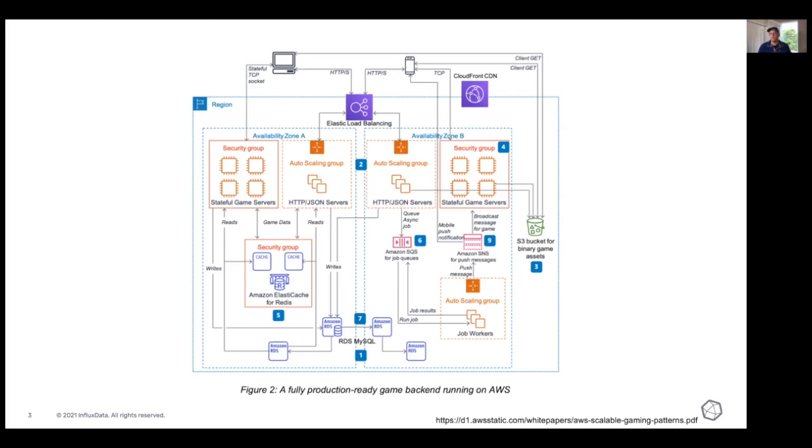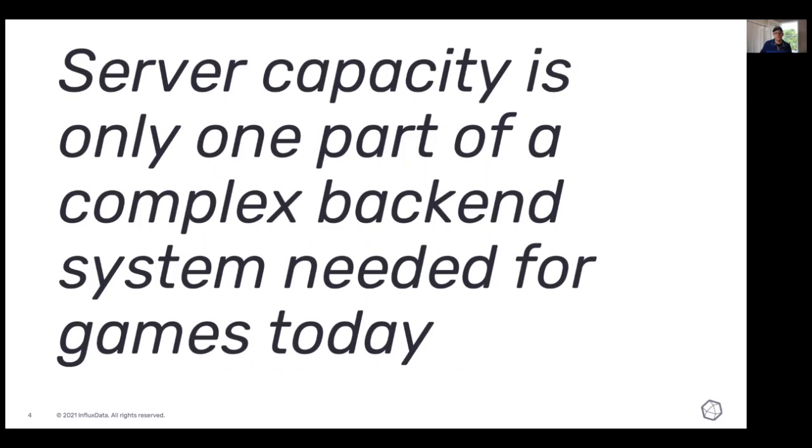And it can still barely fit on a slide. I count 12 different services interacting here, which doesn't even factor in all the internal services and custom services your game might rely on. So, when everyone says, well, why didn't they just add more servers? Server capacity is only one part of a complex backend system that's really needed for games today.